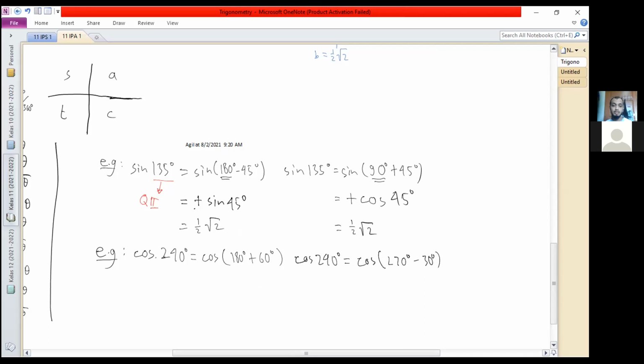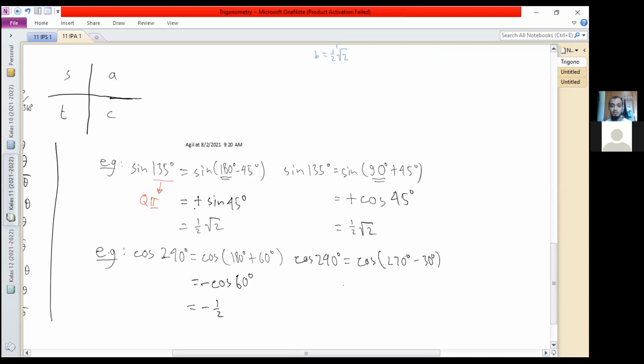Okay, in this case, again, we look at the quadrant. So we know that it is on the third quadrant. So cosine in the third quadrant is negative, only tangent is positive in the third quadrant, so this is negative, and because we are using 180 degrees here, it's still cosine. Okay, so this is equal to minus 1/2.